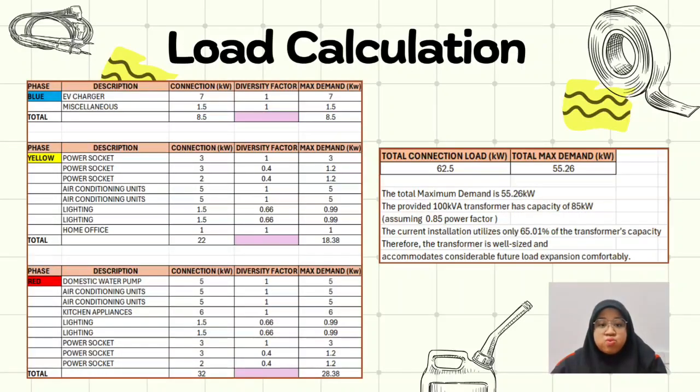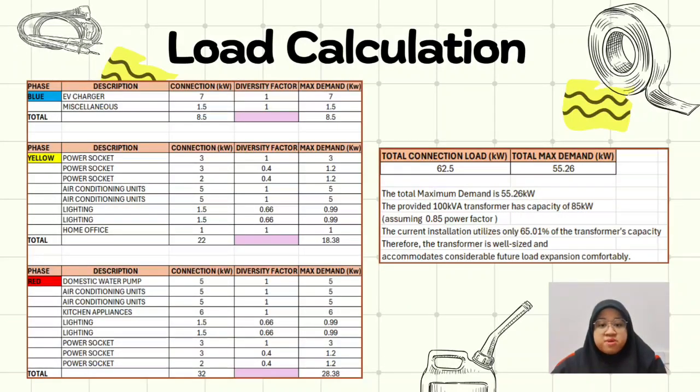The main takeaway here is that our system is only running at about 65% capacity. This means the design is very safe, not overloaded, and we still have a solid 35% spare capacity for any future upgrade for additional appliances.